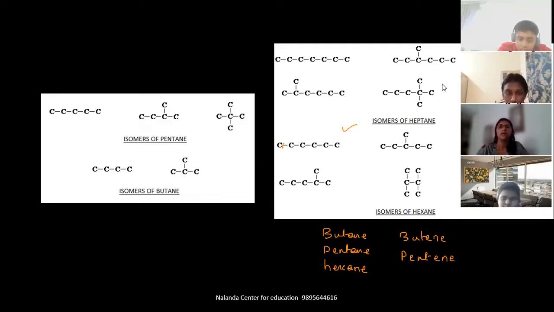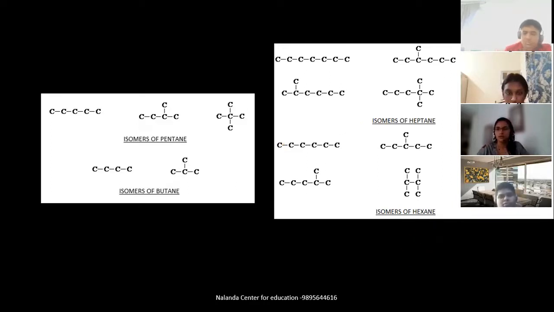Can you show hexane's isomers? It is there in the slide. So try it out once and correct it. The above one is heptane and the below one is hexane. How many structures should we draw?